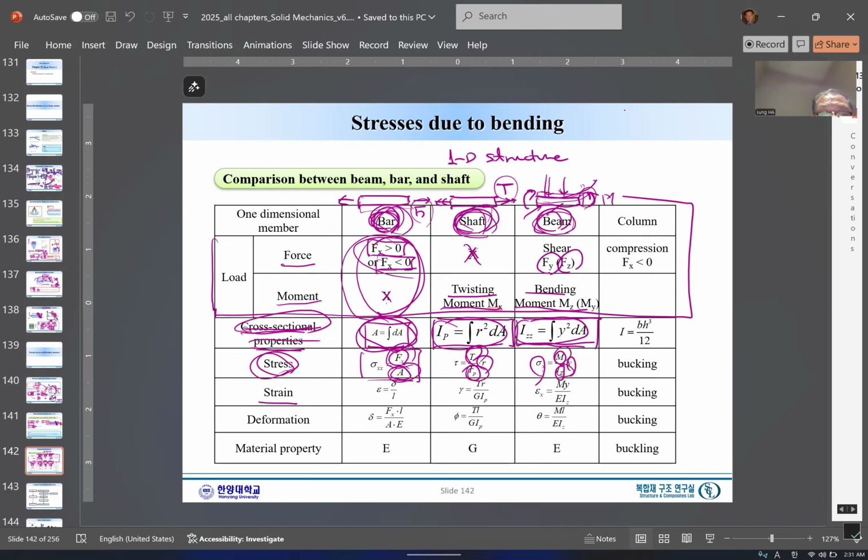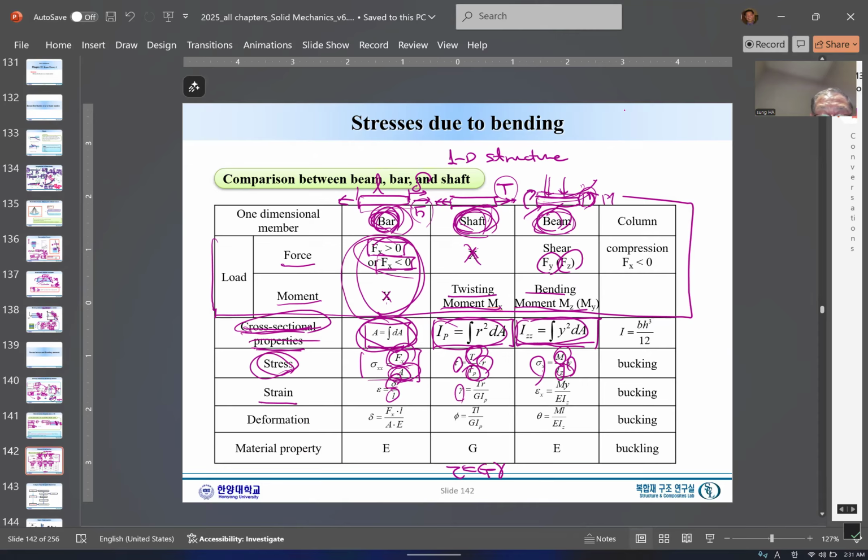And strain is very similar. The strain will be simply delta over L, meaning that we have a certain delta and the original length was L. Now for the torsion, the gamma shear strain, since we have a tau here, because we know tau equals G gamma.